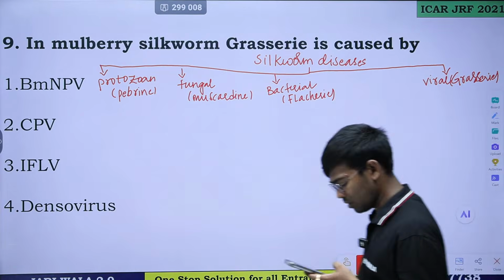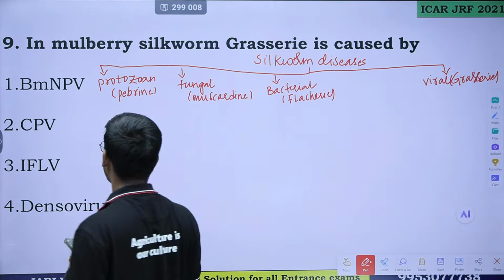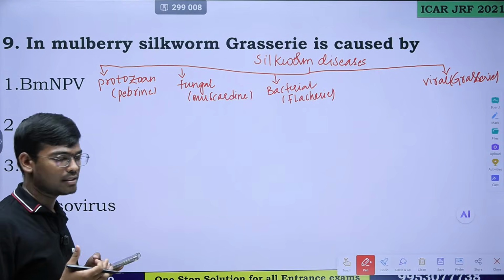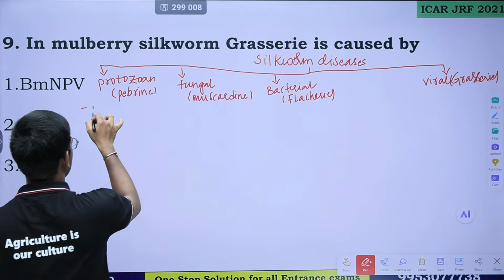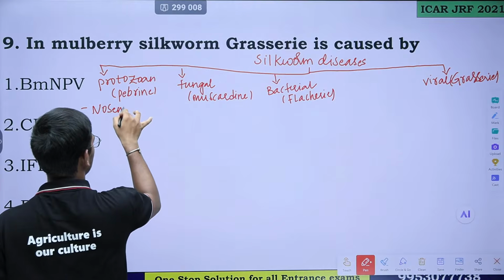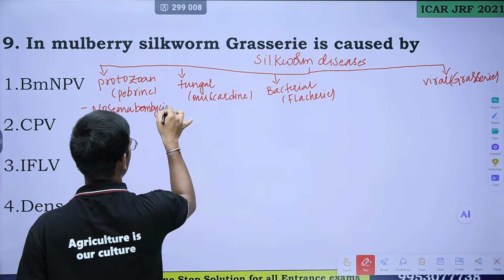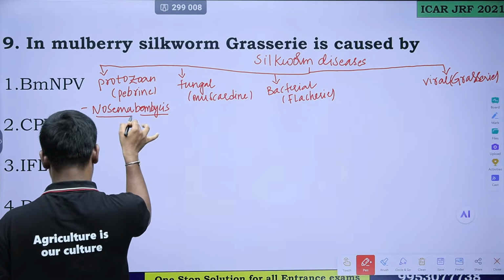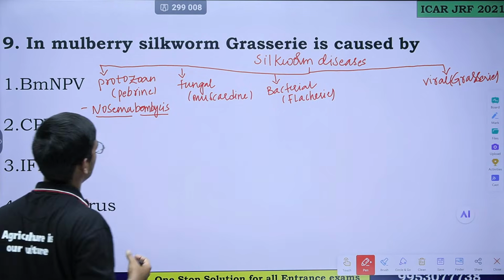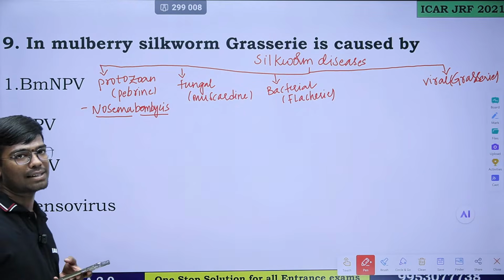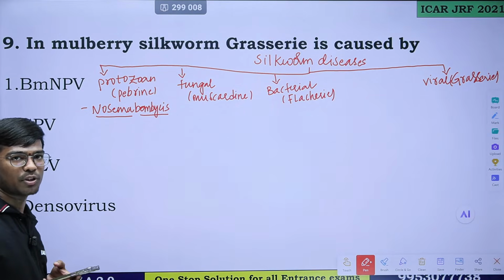Okay. So here the causal organism in the pebrine disease, or the protozoan disease, is Nosema bombycis. This disease is also called pepper disease or corpuscle disease.